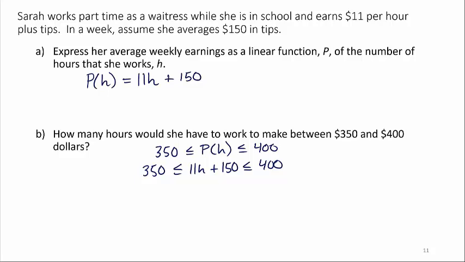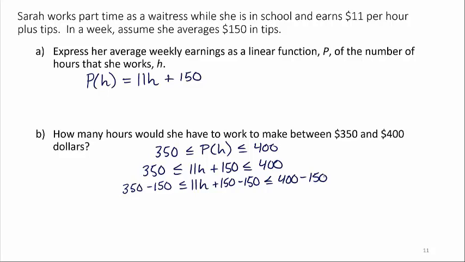So remember with a three-part inequality, what you do to one side, you have to do to all sides. And our goal is to get the variable by itself in the middle, right? So I've got to subtract 150 from all sides, right? That's the first thing. So I've got 350 minus 150 less than or equal to 11h plus 150 minus 150 less than or equal to 400 minus 150.